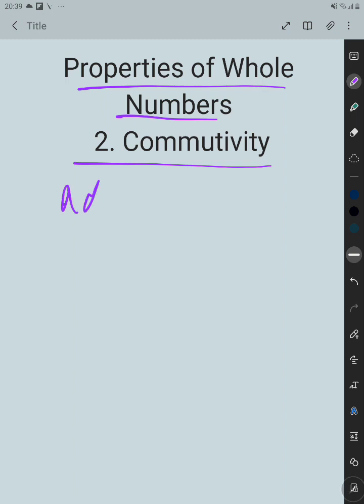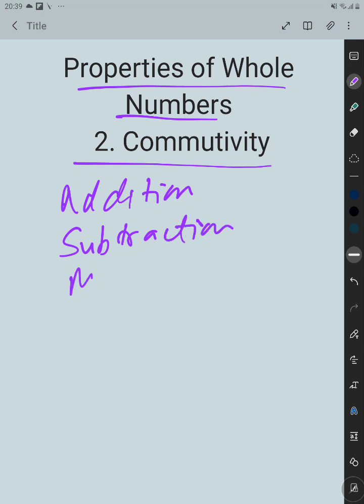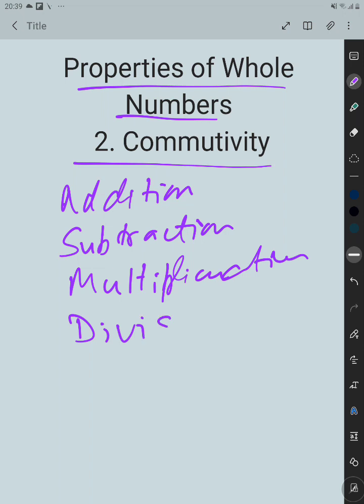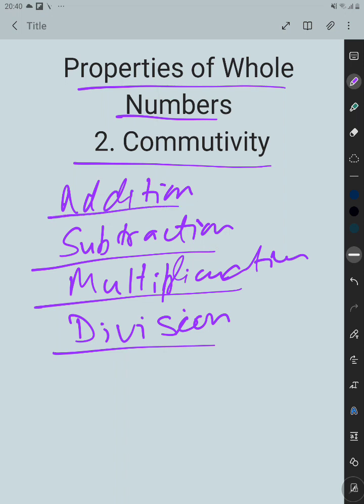First is addition, second is subtraction, third is multiplication, and fourth is division. So for these four kinds of operation we will see whether whole numbers are commutative or not.